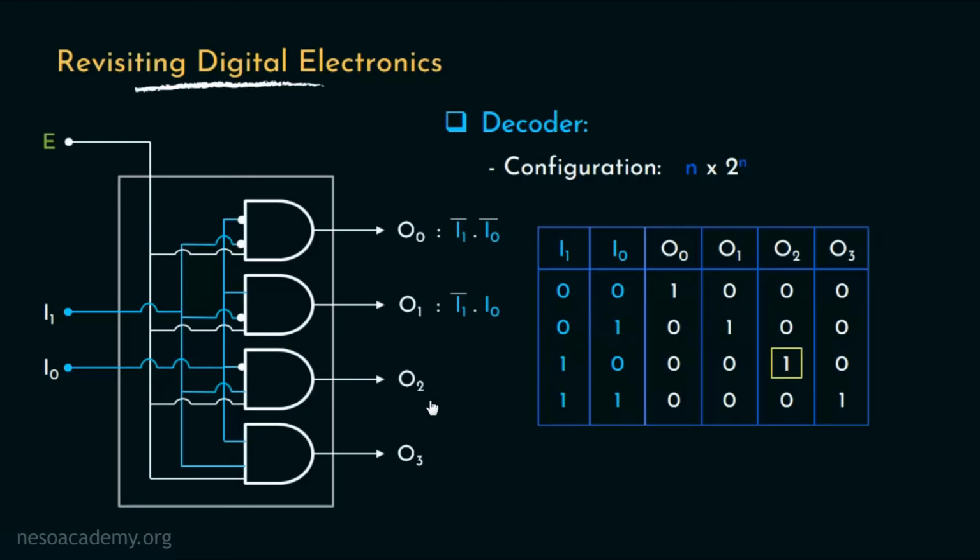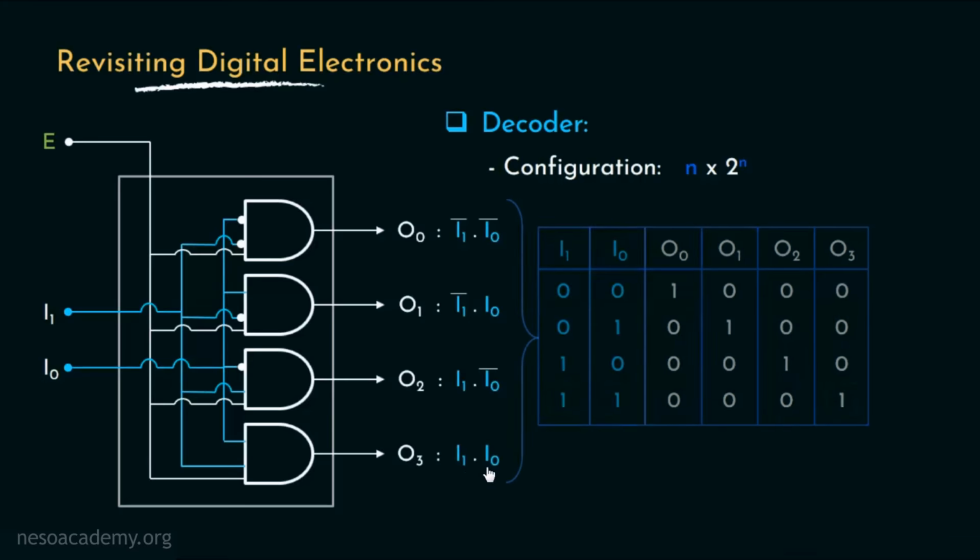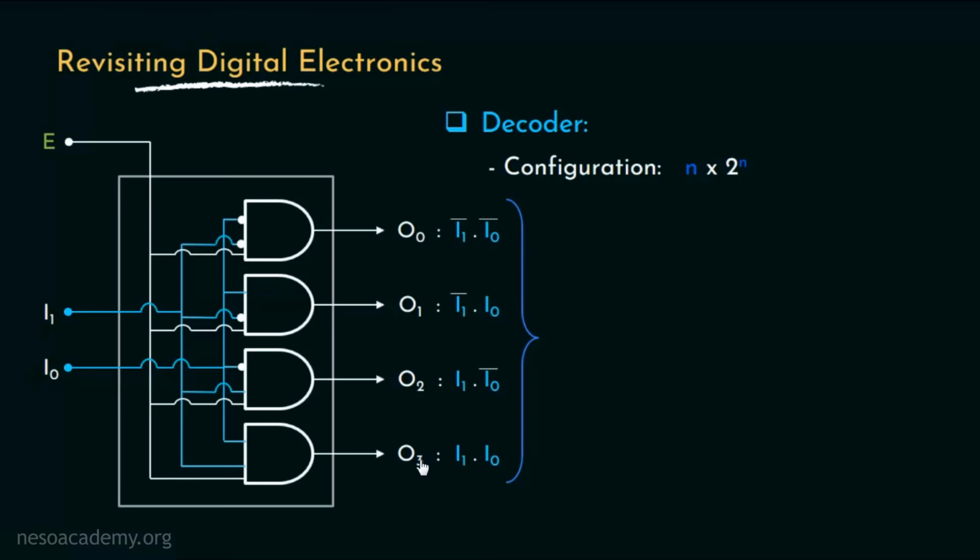Similarly, when O2 is producing 1, the input sequence 1, 0, that is I1, I0 bar is being represented by it. Finally, when O3 is producing 1, it's actually representing the input sequence 1, 1, that is I1 and I0. So basically, these are all the input combinations possible using the input lines I1 and I0.